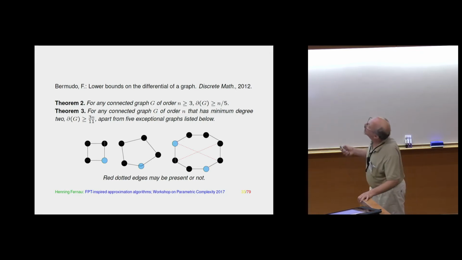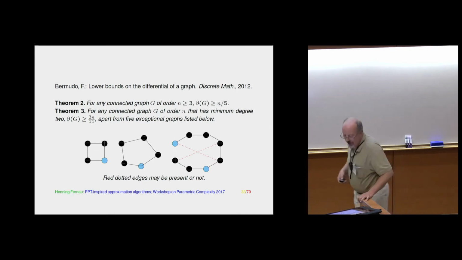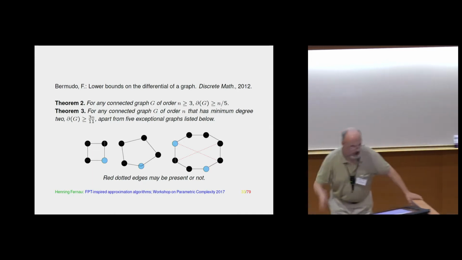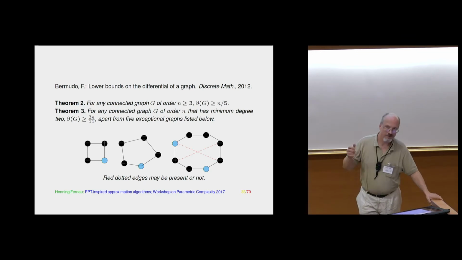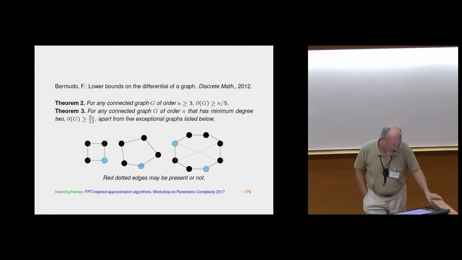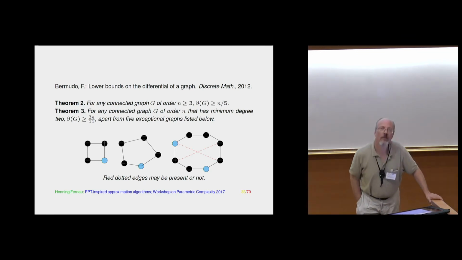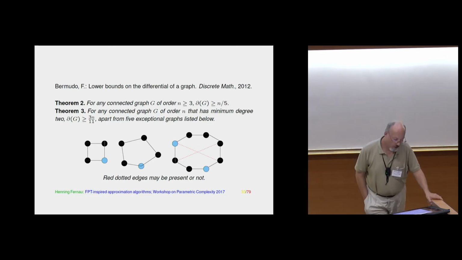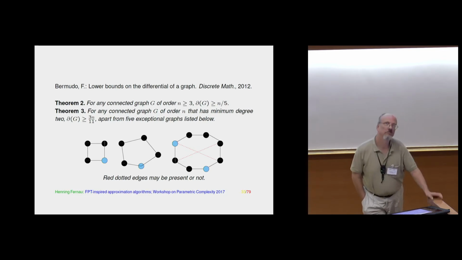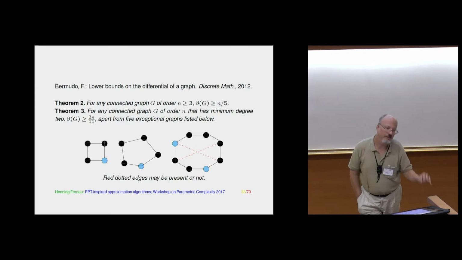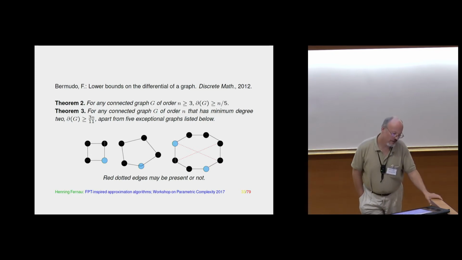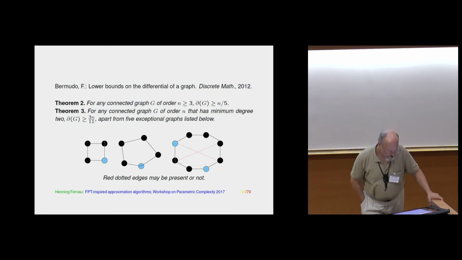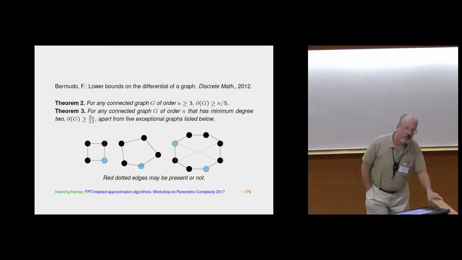So in this left picture, there's this light blue, so probably light colored vertex that is somehow the guy proving to me, as a set, that the differential of this graph is 2 minus 1, so 1.